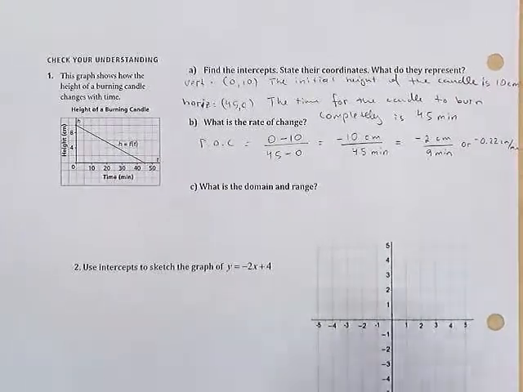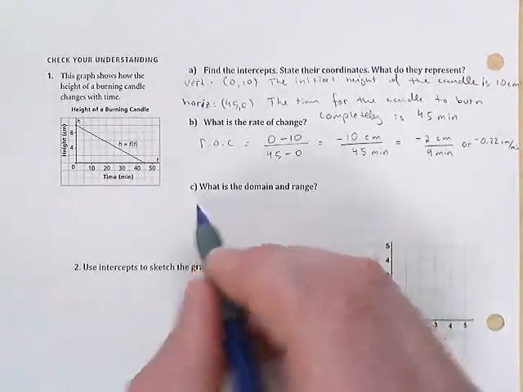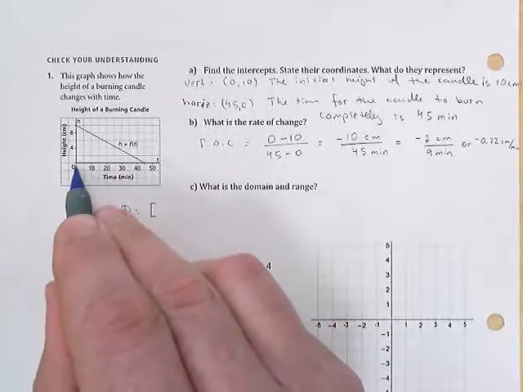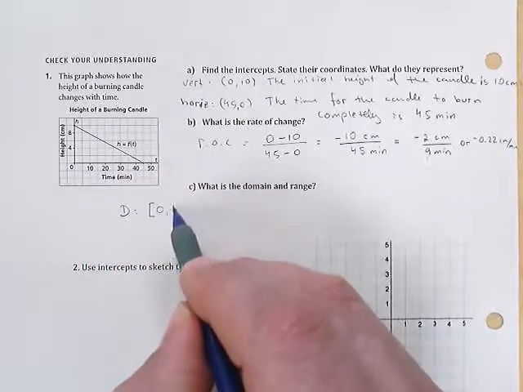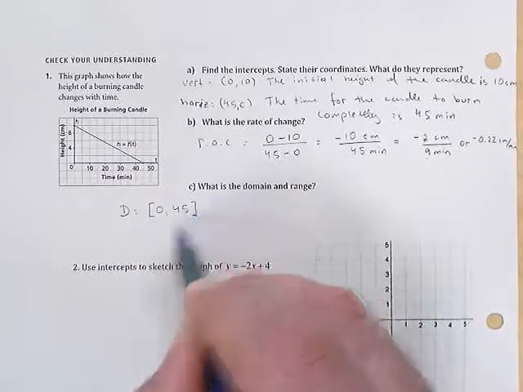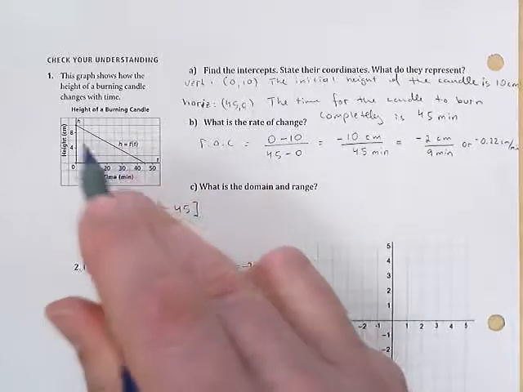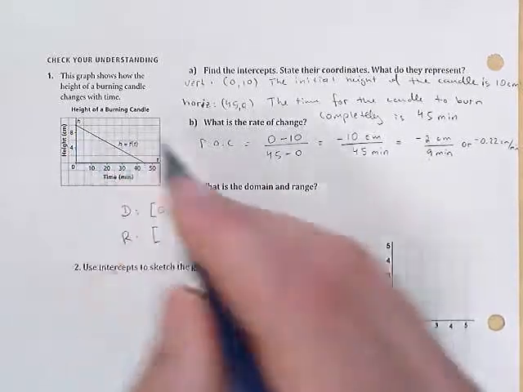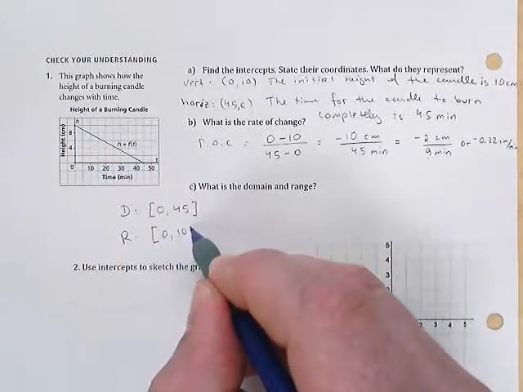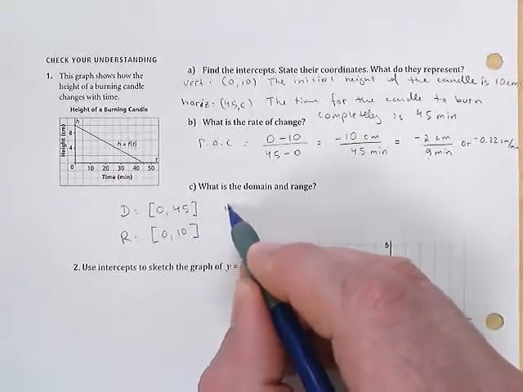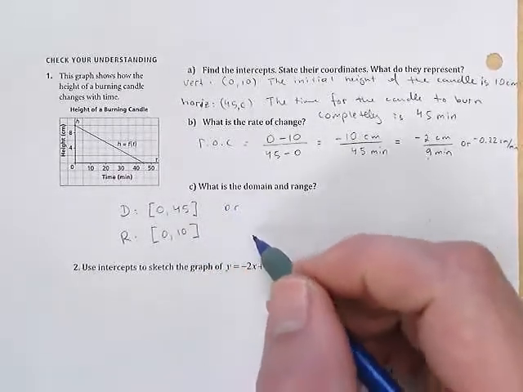Okay, what's the domain and range? The domain, in this case, you go from 0 to 45. And the range, you would go from 0 all the way to 10. Or let's do this again, right?